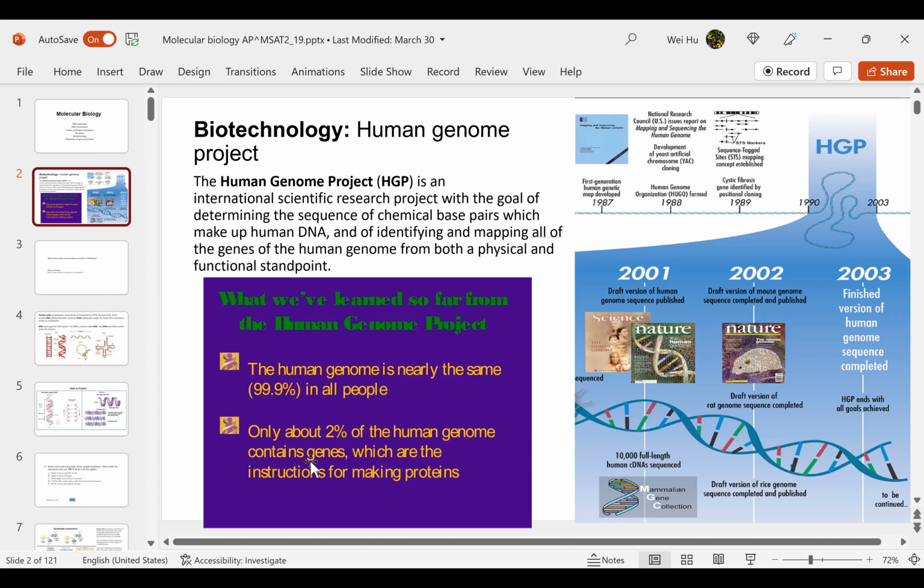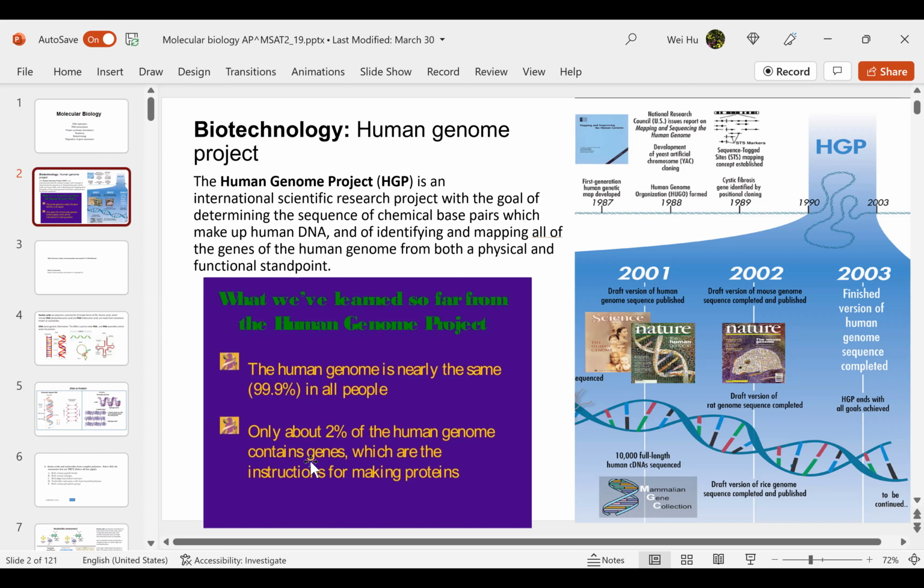So you may have a question: what do the other 97 or 98% of DNA do? Scientists had the same question as you. At that time, scientists really panicked. They said, look, we have 97% junk in our DNA. Is that true?